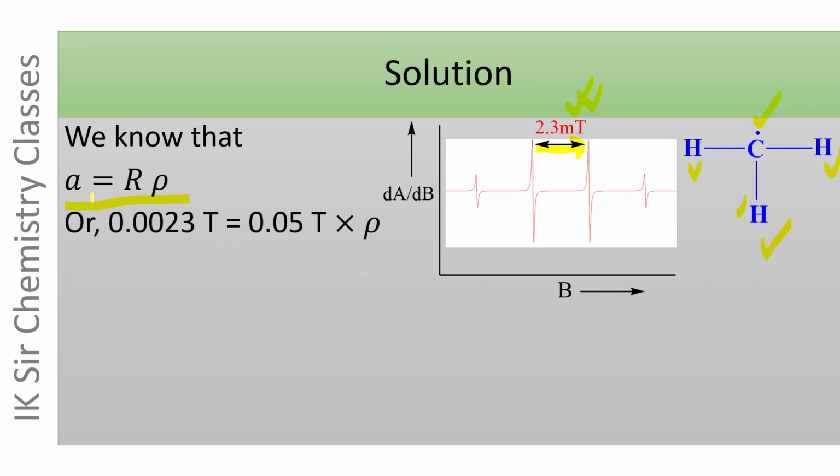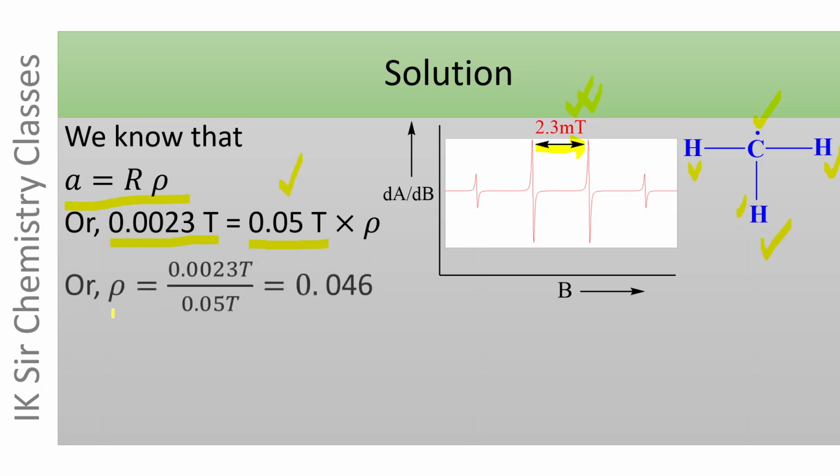The value of A is given 2.3 millitesla, which is equal to 0.0023 Tesla. The value of R is 0.05 Tesla as we have discussed earlier, and into rho.